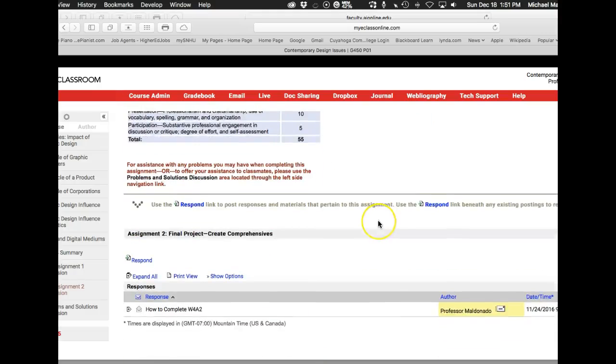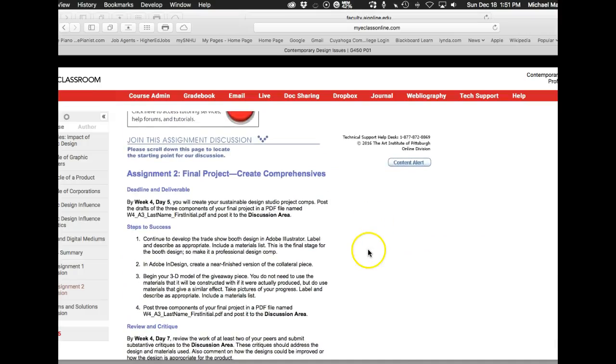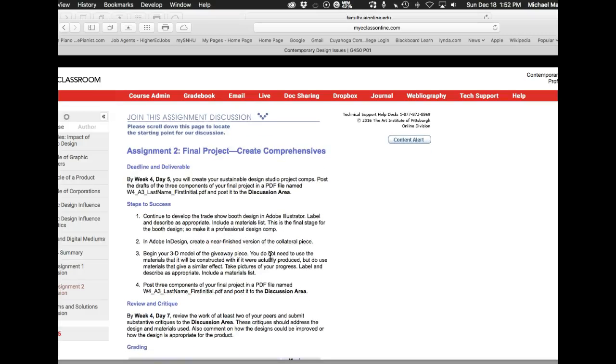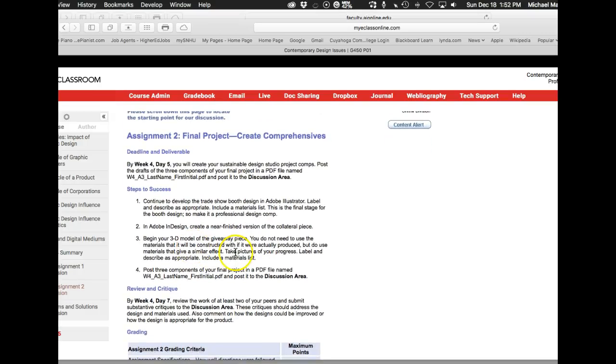These are the comp stage, so these are no longer mock-ups. These are your comps. For those of you who are not familiar with what a comp is, it's a much more detailed step in the final presentation than your thumbnails and mock-ups. So comps should be almost complete.